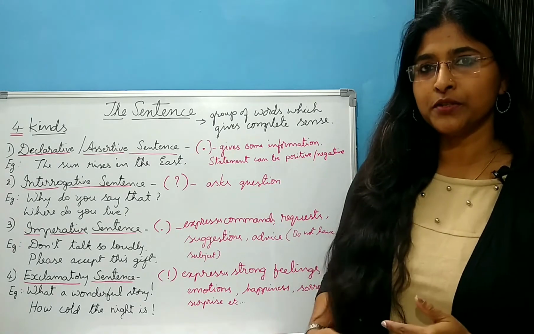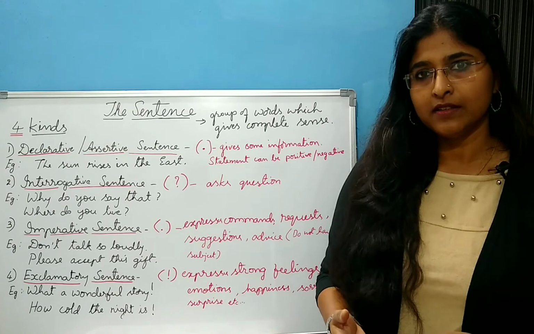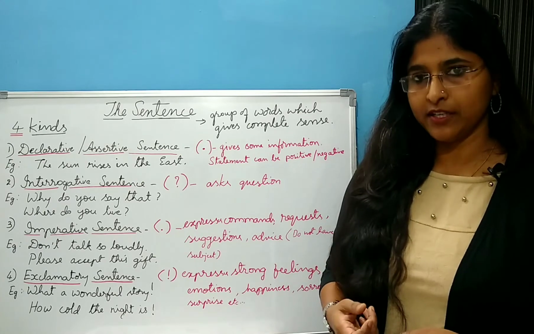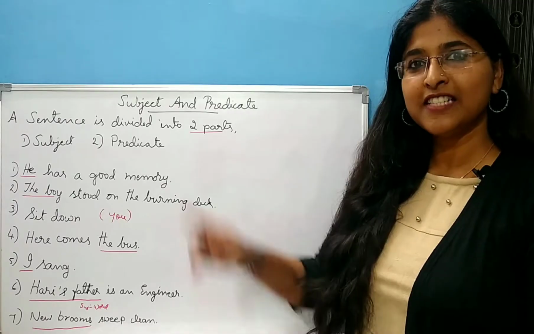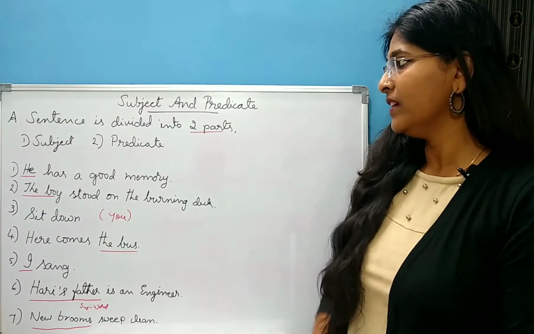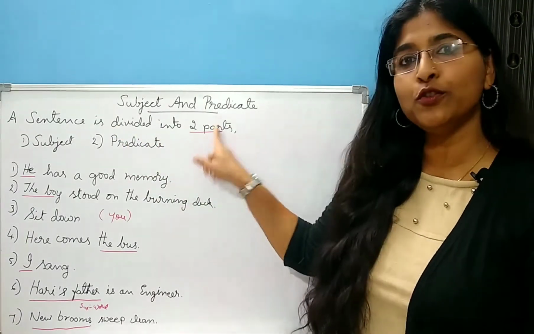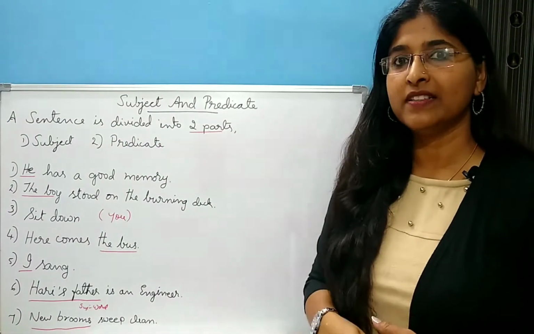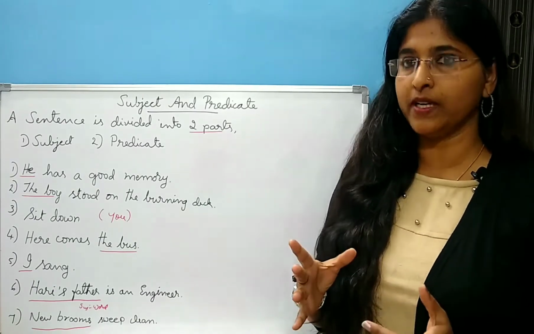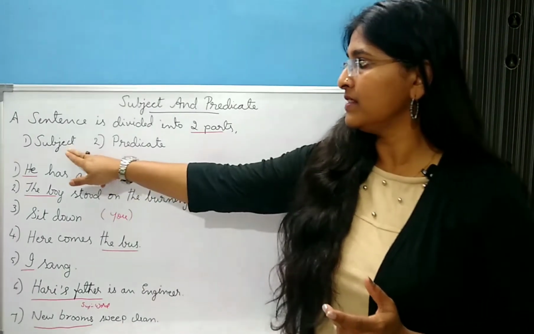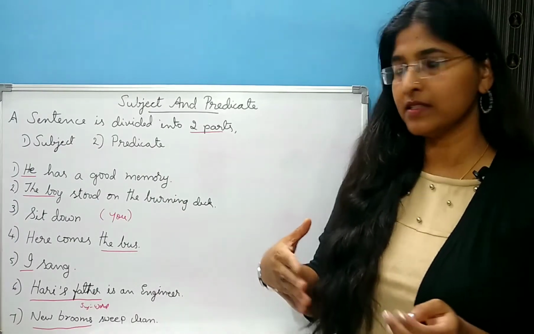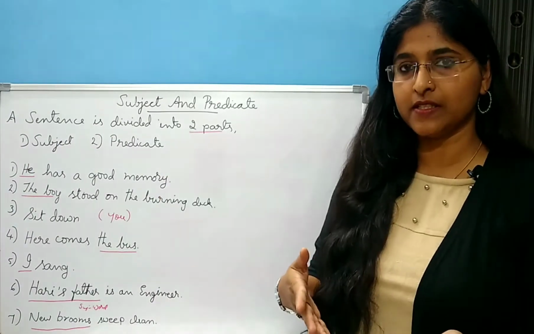Now we will move on to the next topic: subject and predicate of a sentence. A sentence is divided into two parts. A sentence can be divided into two parts called the subject of a sentence and the predicate of a sentence.